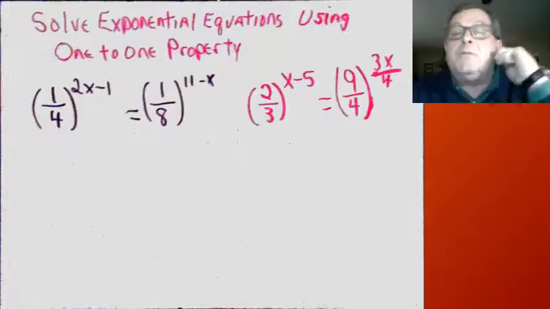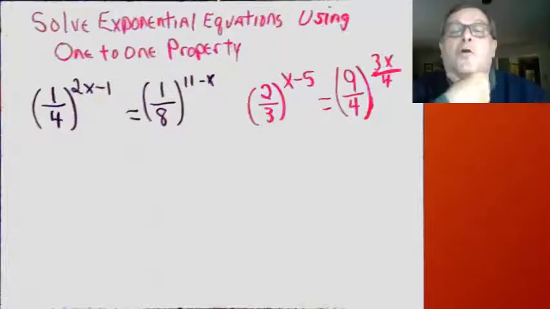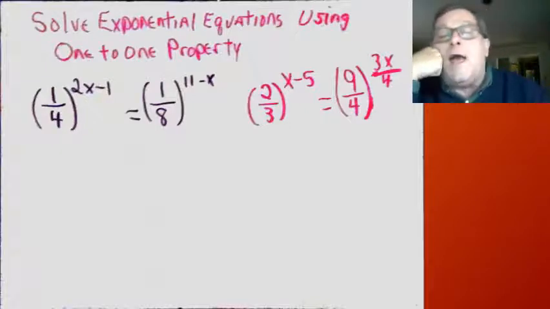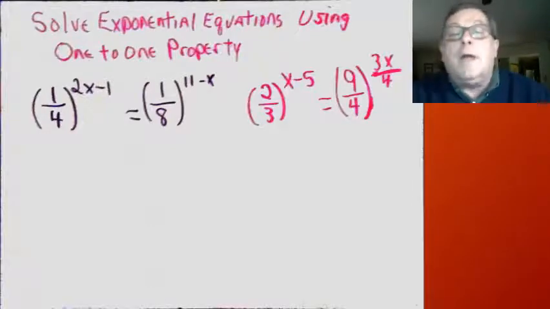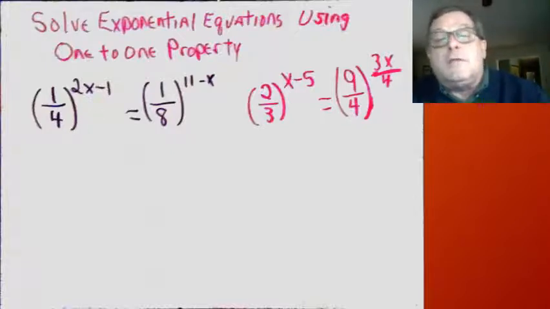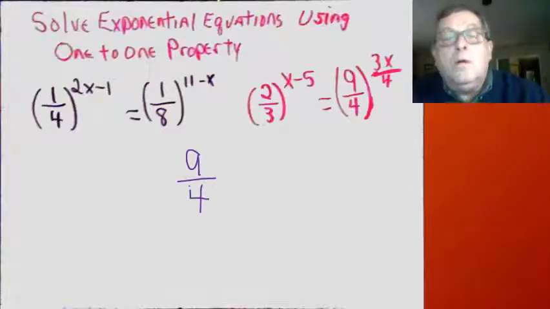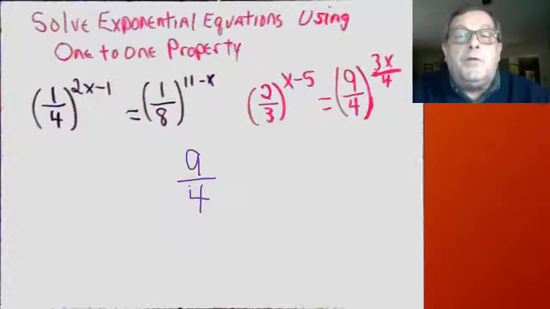All right, now this next one's got a little bit of a different wrinkle to it. It's similar, but I've got 2/3 to the x minus 5 equals 9/4 raised to the power of 3x over 4. So I'm going to start again. Okay, what can we do here? I'm going to work on this 9/4 here. And I've got 2/3 over there.